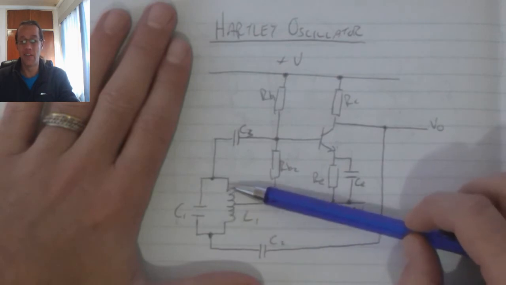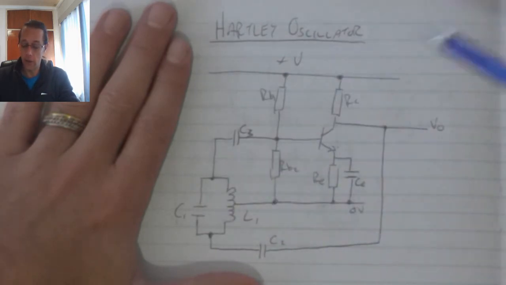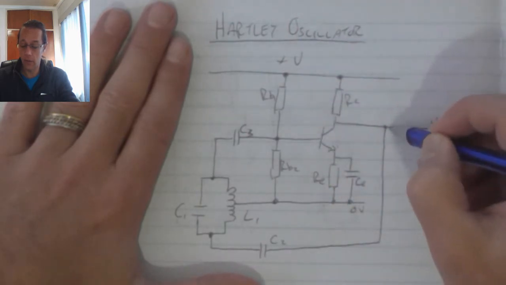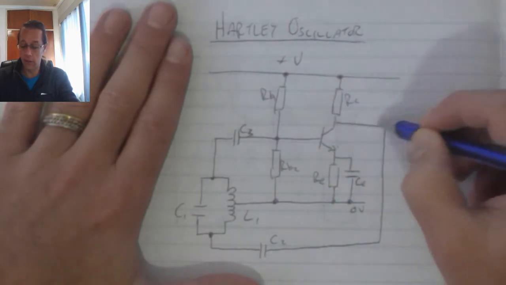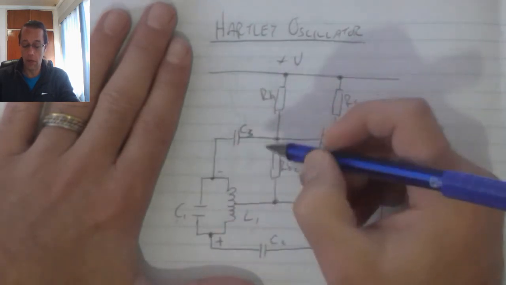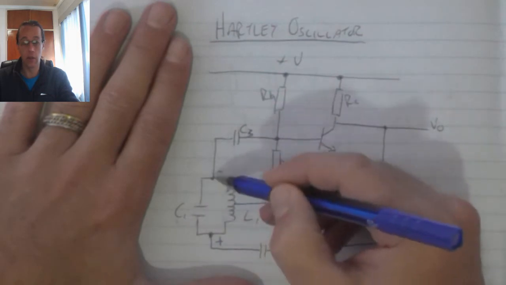The inductor resists the change in current, so as I connect the circuit, that positive voltage that I feed back there will cause a bias on my tank circuit.